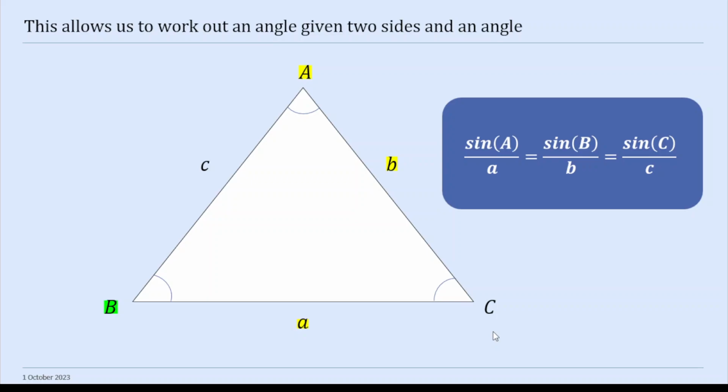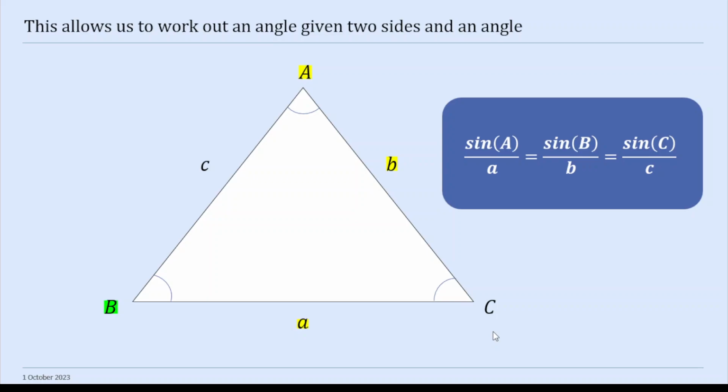There'll be an acute answer and an obtuse answer, because basically inverse sine, let's say the inverse sine of sine 80, sine 80 equals sine 100 degrees.